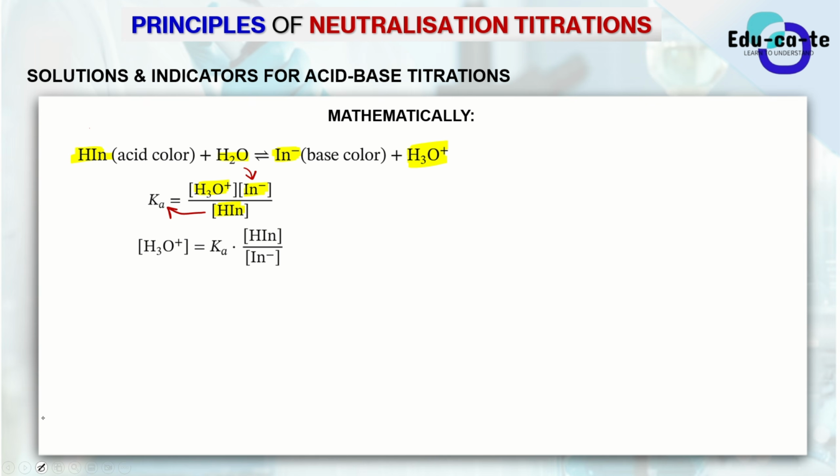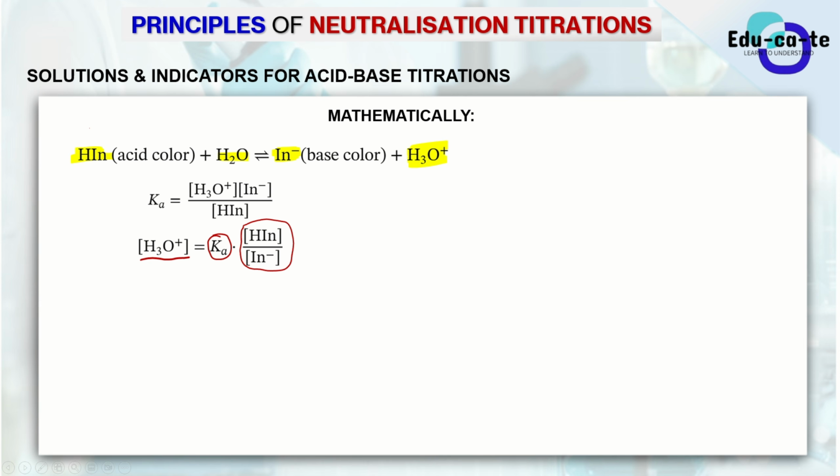When you do this, you end up with the concentration of the hydronium ions released by this indicator whenever it loses a proton being equal to Ka, the acid dissociation constant of the indicator, multiplied by the ratio of the acidic form of the indicator over the basic form of the indicator, or the conjugate base of the indicator.